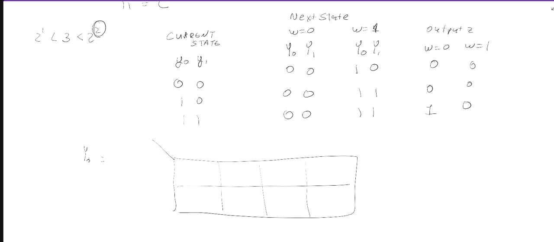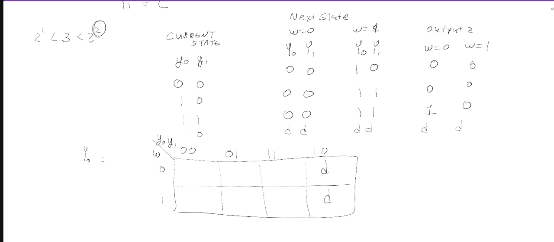My inputs are Y0, Y1, and W. W can be 0 or 1. Y0, Y1 can be 0,0, 0,1, 1,1, 1,0. Now my 1,0 entries are don't cares. So I could have put this in my table as well, and probably should have.